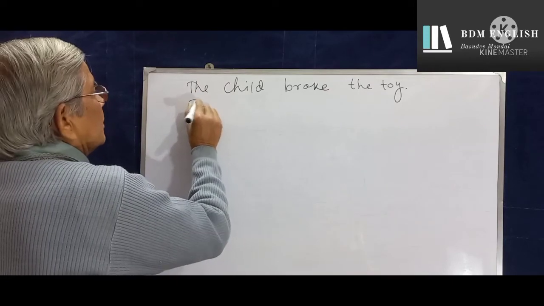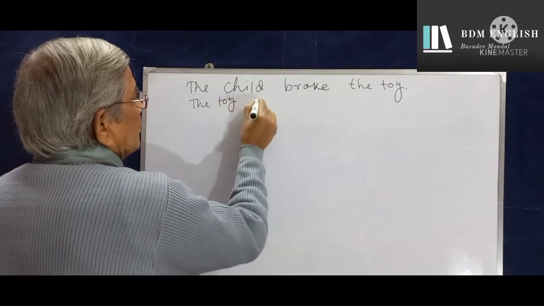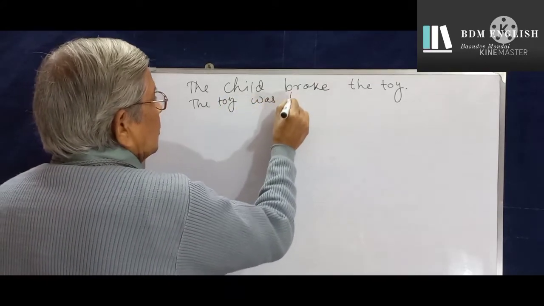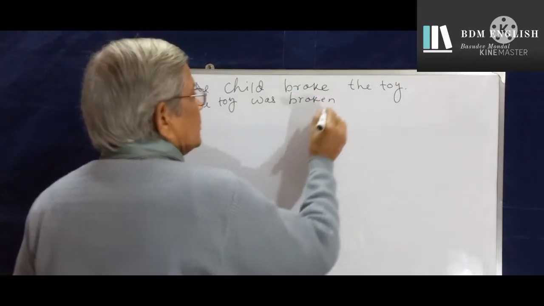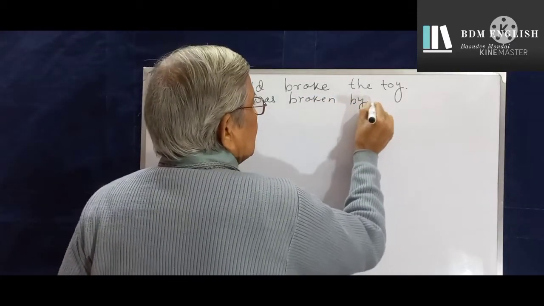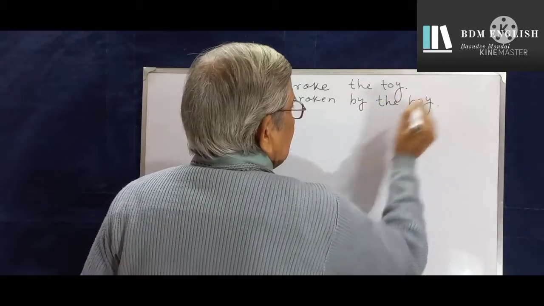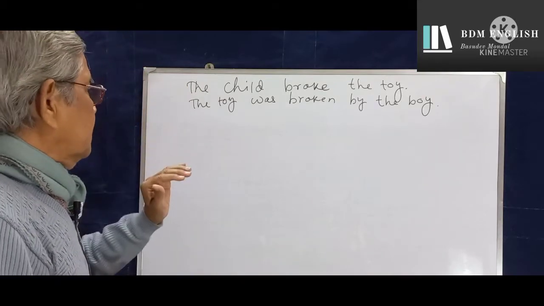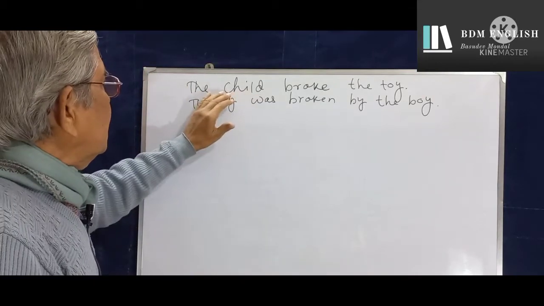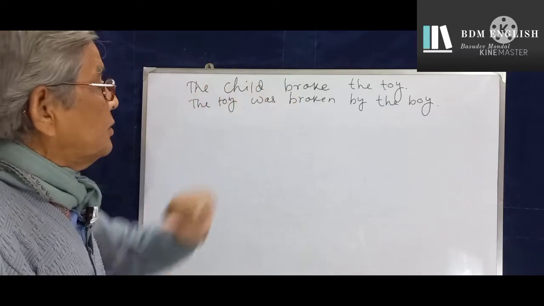The toy was broken by the boy. The natural and normal subject of a verb is its doer or agent because the doer performs the action of the verb.